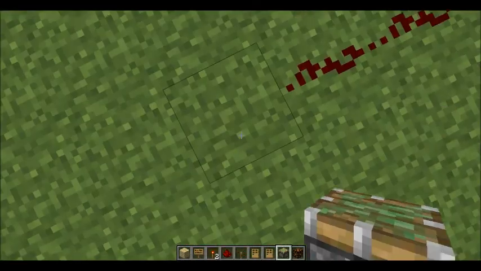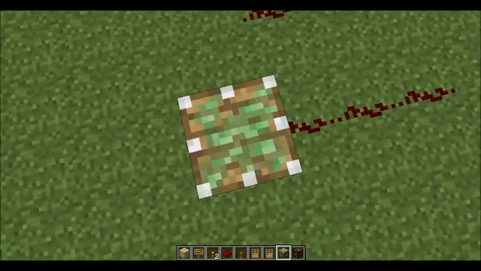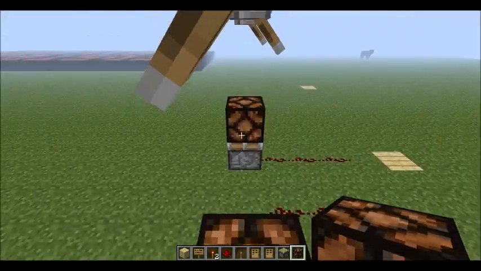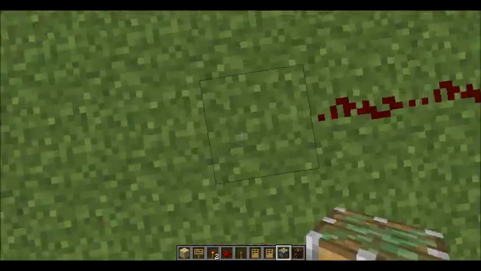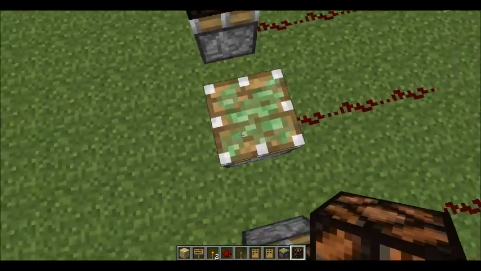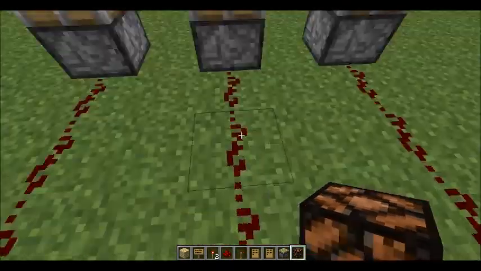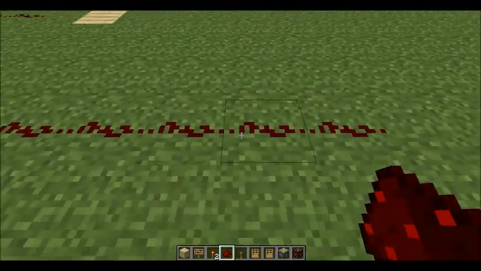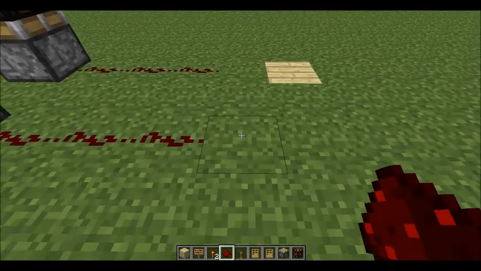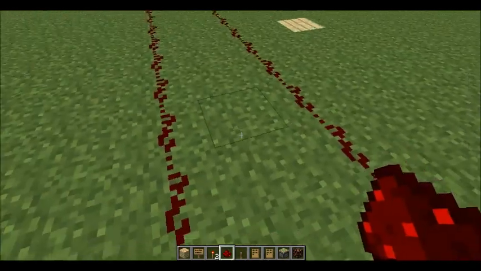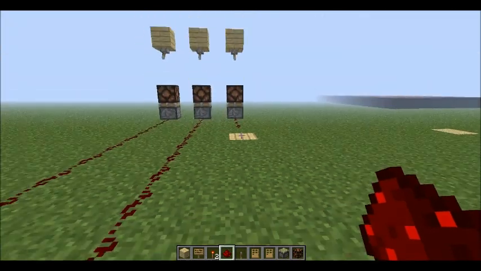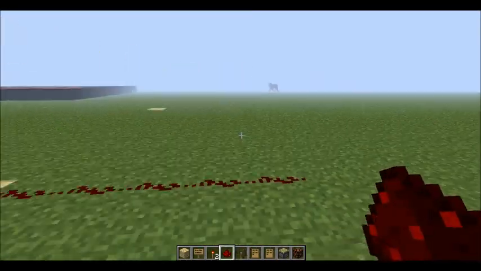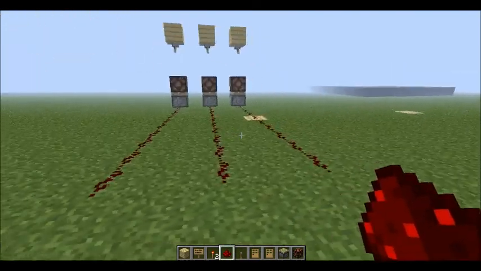Okay, and then we can add our... I think I'm just hitting the lever instead. We're just going to stick with 3 for now. Extend out our redstone lines. Because with only 3 binary digits, we can only reach a maximum number of 7, like we were looking at before with the doors.